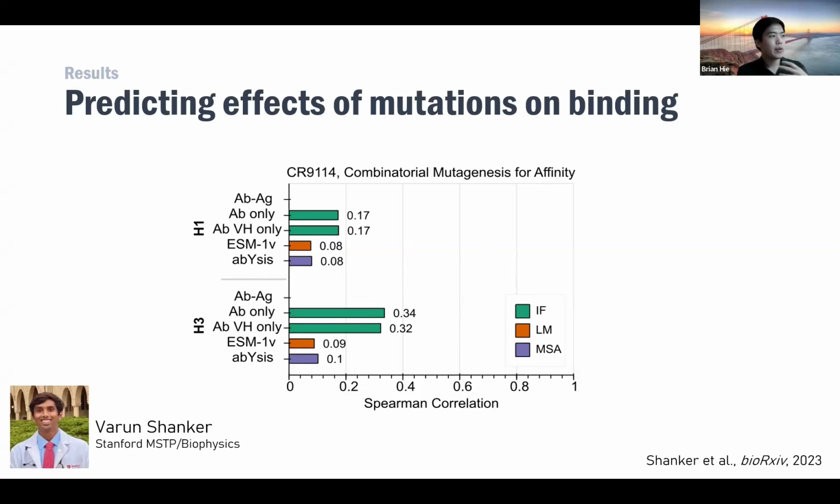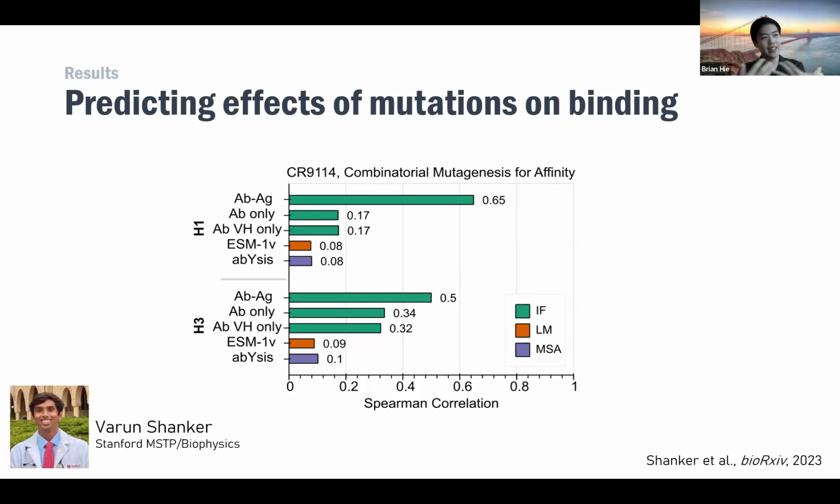But then we can also provide the inverse folding model with the backbone coordinates of both the antibody and the antigen that it's binding to, and then score those mutations using the likelihoods under inverse folding. When you do that, the correlation improves substantially. For example, in this H1 setting, we have a 0.65 correlation.